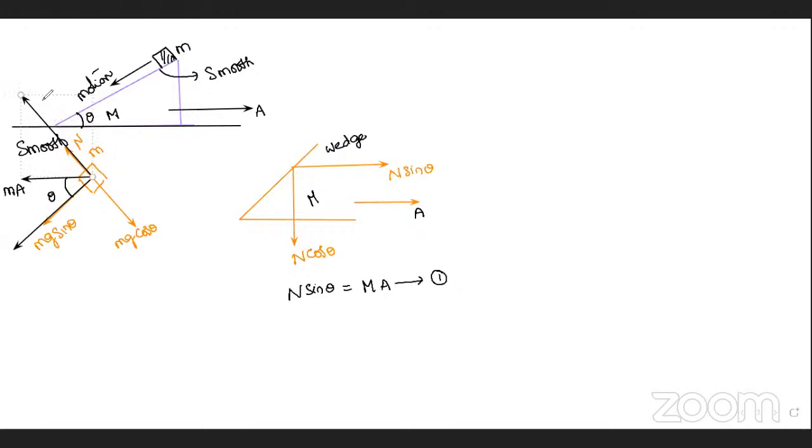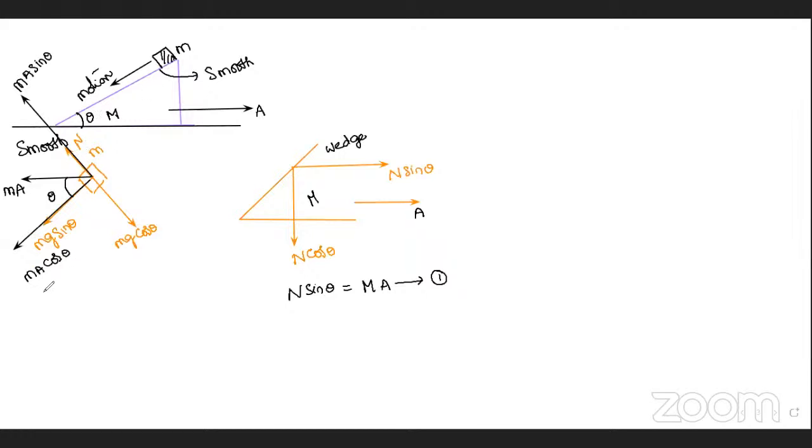This is ma cos theta. Am I right? This is the adjacent side and this is the other side, so it is ma sin theta.